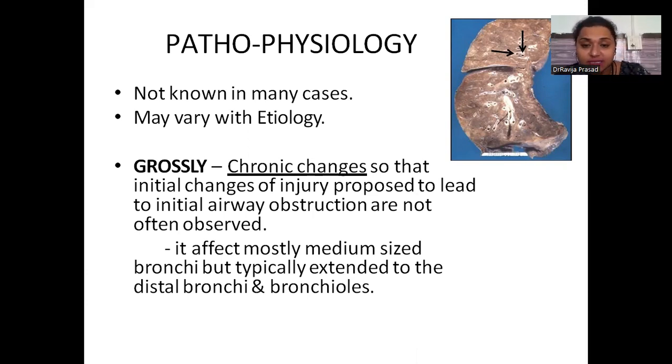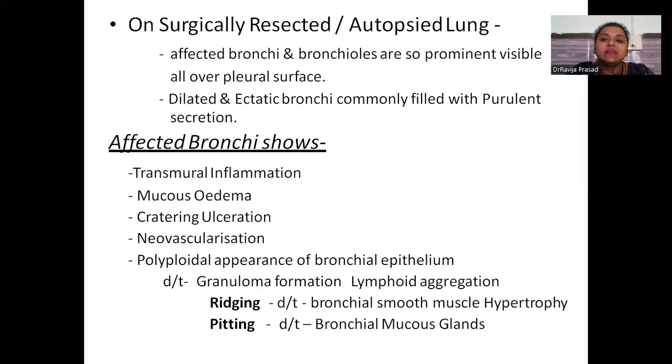The initial changes of injury proposed to lead to airway obstruction are often not observed. It affects mostly medium-sized bronchi, but typically extends to the distal bronchi and bronchioles. On surgically resected lungs, affected bronchi and bronchioles are prominent, visible all over the surface, dilated and often filled with purulent secretions.